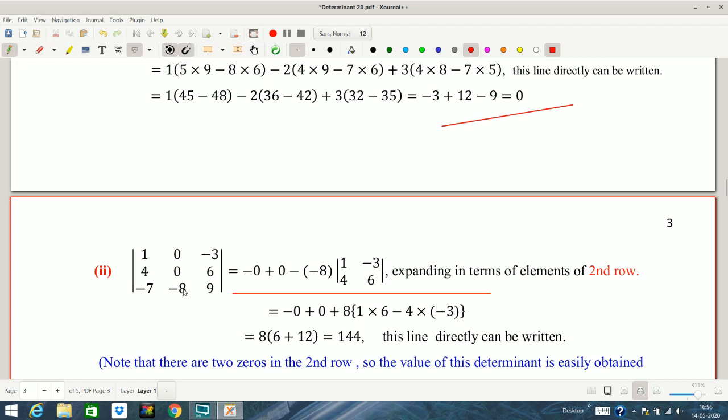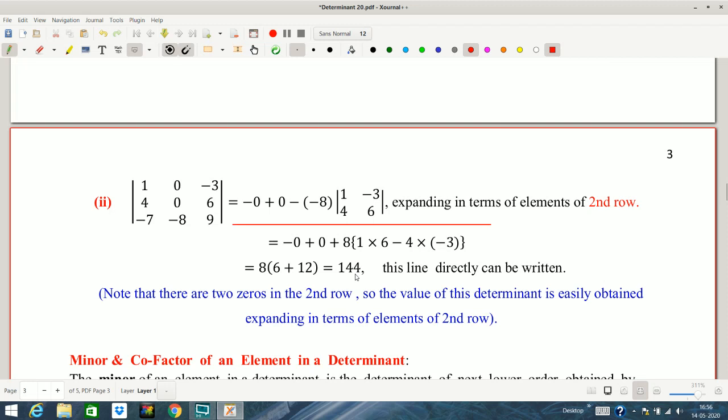Minus 0 into anything we are not writing, plus 0 into anything we are not writing. Then the third element is 8, minus 8, but there is already a minus sign by the expansion rule. So minus 8 into, omitting the third row and second column, we get 1, minus 3, 4, 6. It is written, and expanded we get the value 144.